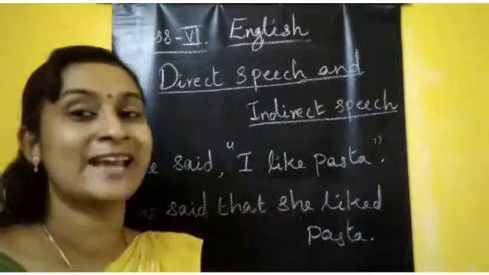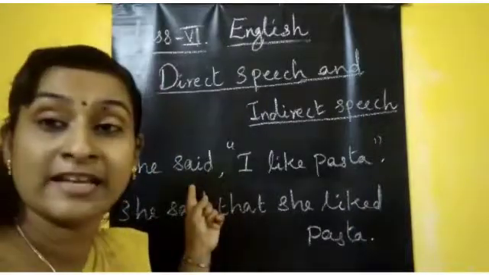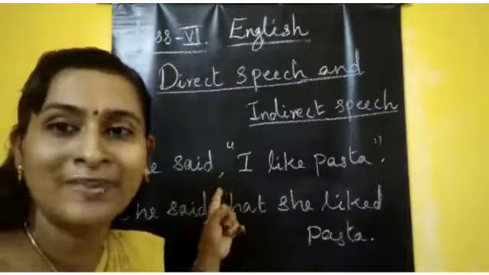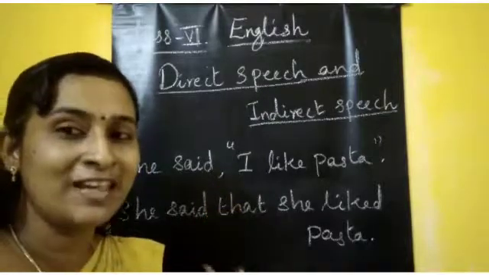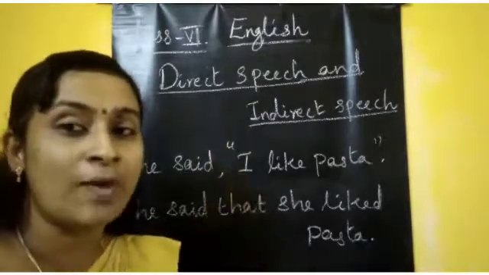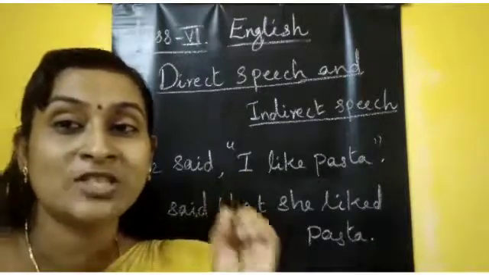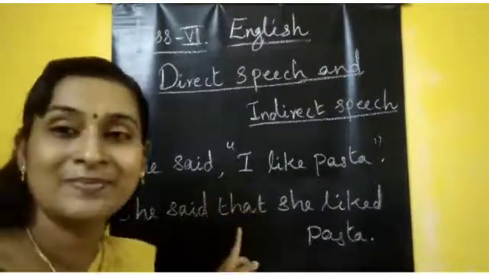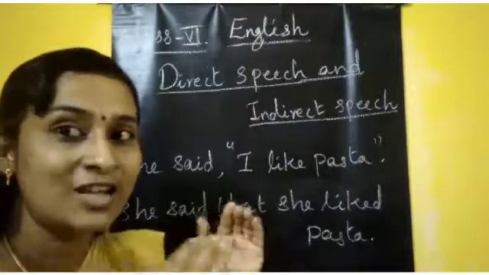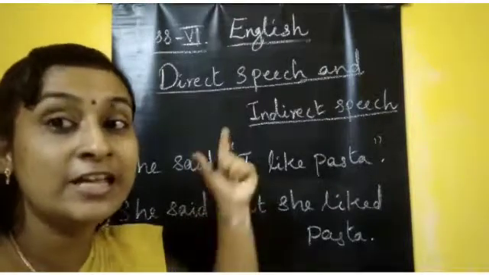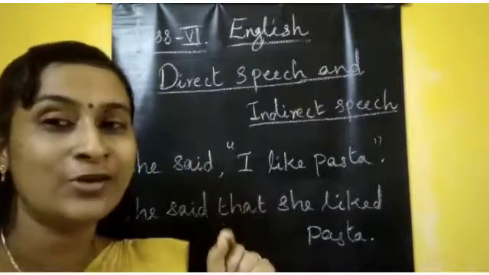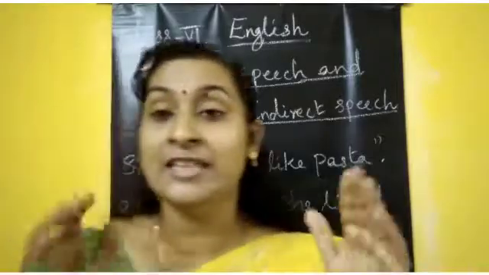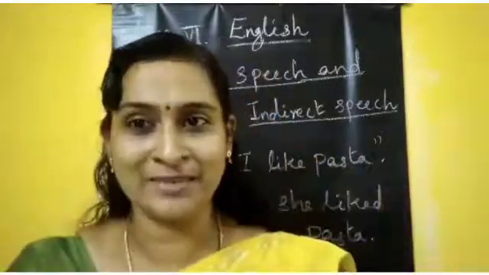Got it? Second point, in direct speech, you can see a comma. In indirect speech, instead of that comma, we use "that." That is the additional word that we use there. Got it? These things you should keep in mind.